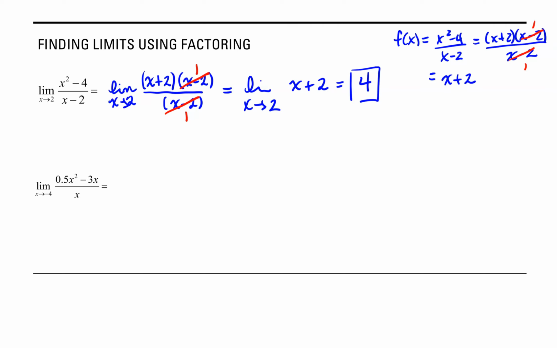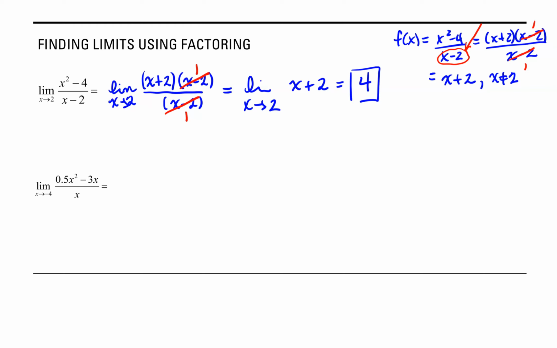In algebra, we talk about this idea that x squared minus 4 over x minus 2 has the same function values as x plus 2, provided that x does not equal 2, because we removed information here in our original function. This denominator of x minus 2 reminded us that we could not evaluate the function at 2.